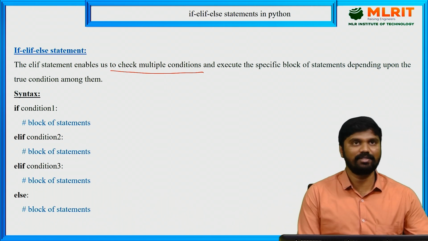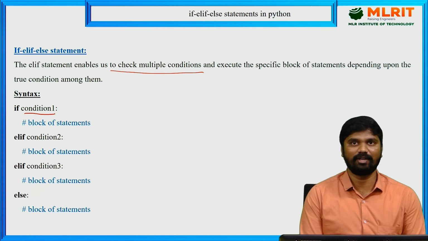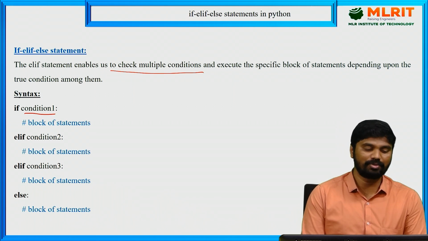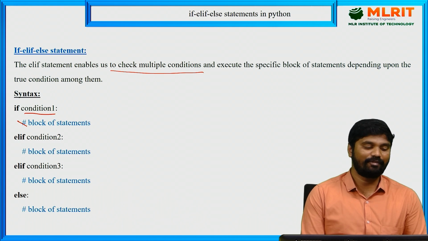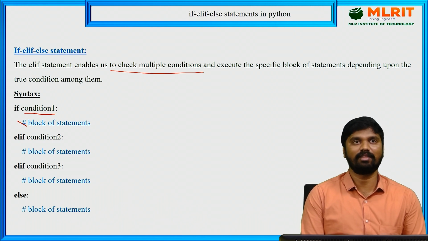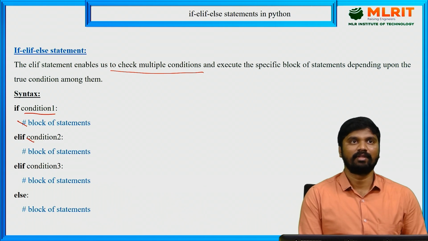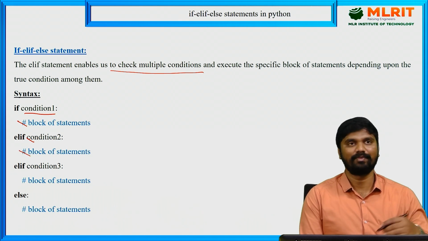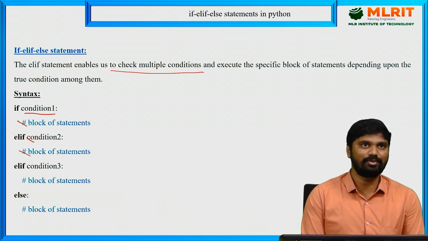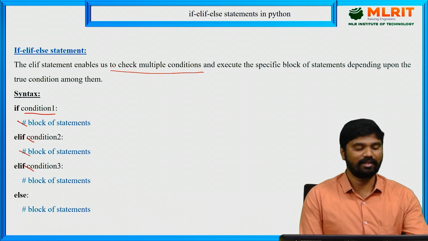Coming to the syntax, first condition 1 will be evaluated. If condition 1 is true, then this block of statements will be executed. If condition 1 becomes false, the flow moves on to evaluate condition 2. If condition 2 is true, its block is executed. If condition 2 is false, the flow evaluates condition 3.